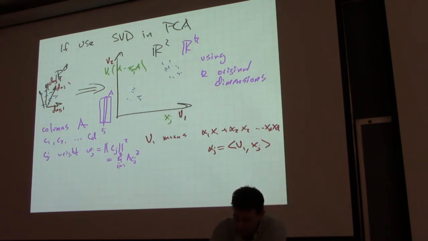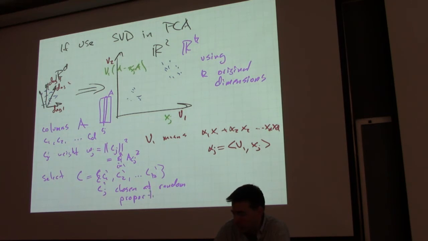Now I'm going to select a set C, which is C1 prime, C2 prime, up to Ck prime, where each Cj prime is chosen at random, proportionally to this weight.